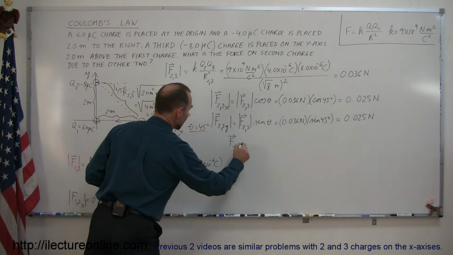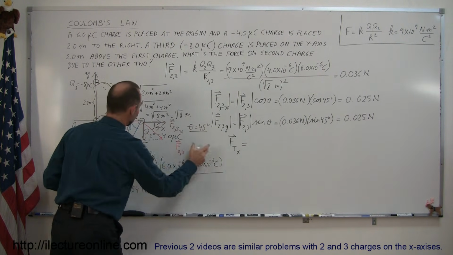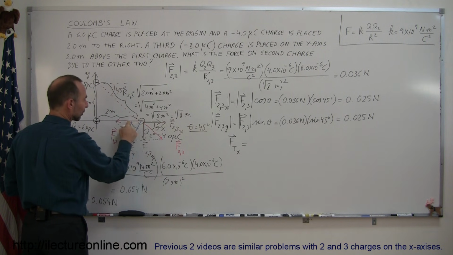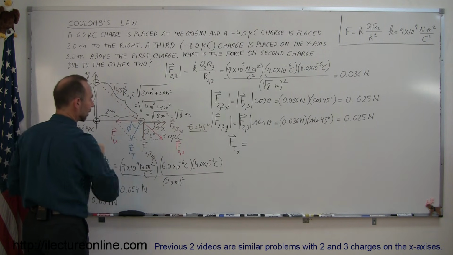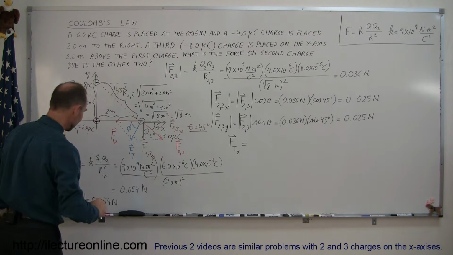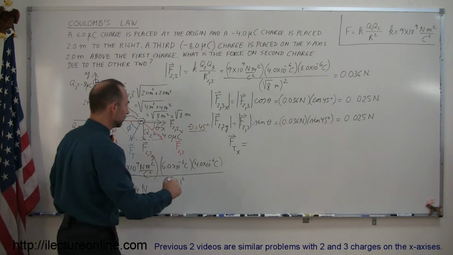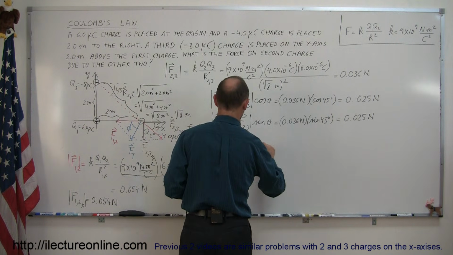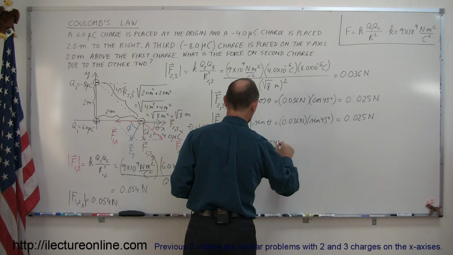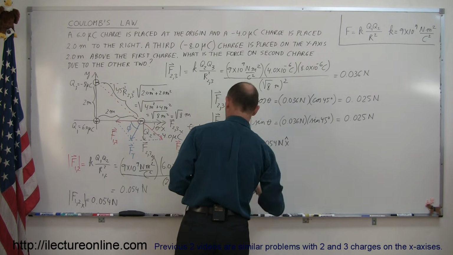So I can see here that to find F total in the x direction, I need to add this vector with this vector together, because those are the only two components in the x direction. And notice that this is in the negative direction, so F total x is going to be the minus quantity of this, minus 0.054 newtons in the x direction.